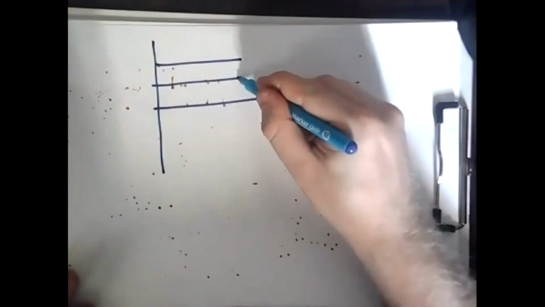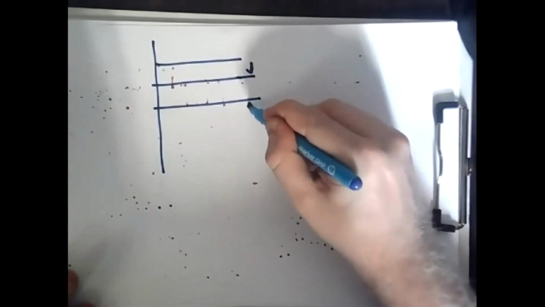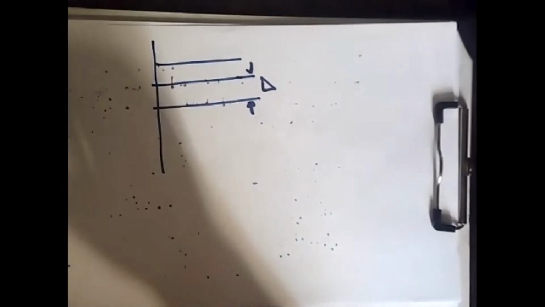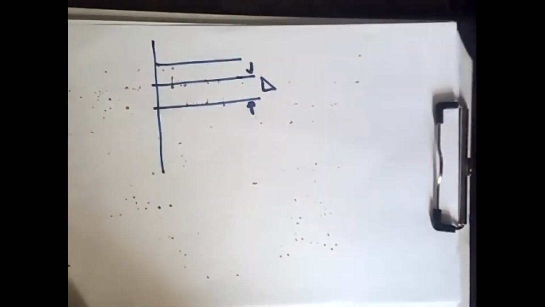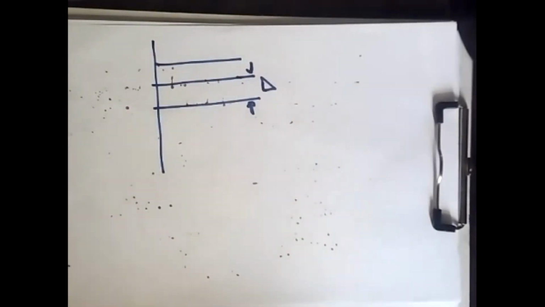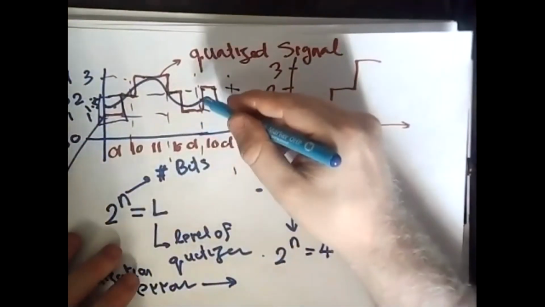If I assume that this width is called delta, where delta is the distance between each two successive levels, then in our previous example, this delta is 1 volt.